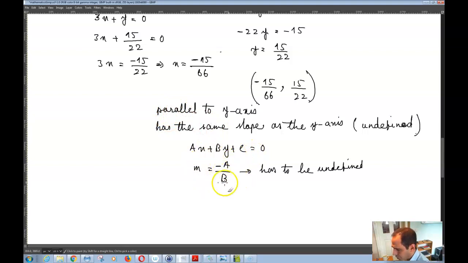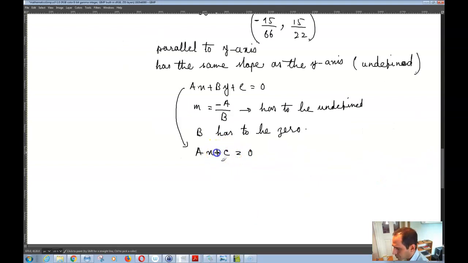Now, for this to be undefined, this will be undefined if b is equal to 0, meaning that you're dividing by 0. So that means that b has to be 0. Now if b is 0, this equation becomes basically ax plus c is equal to 0, which means that ax is equal to negative c, or x is equal to negative c by a.